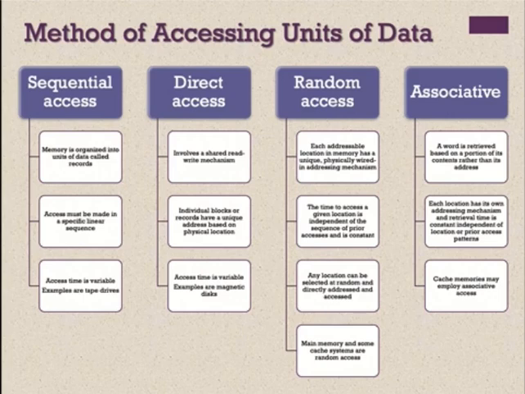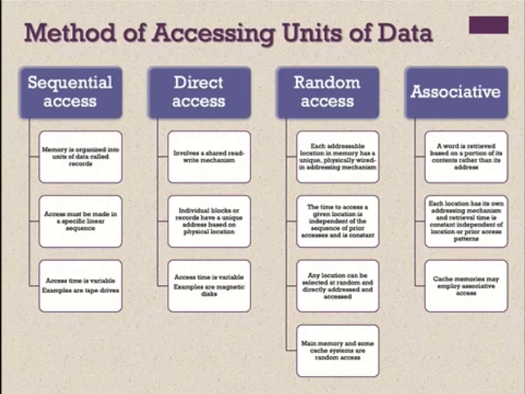The next we have random access. In random access, each addressable location in memory has a unique, physically wired-in addressing mechanism. So keep in mind RAM, random access memory. All locations have a physically wired addressing mechanism, like they are assigned physical numbers, and the time to access a given location is independent of the sequence of prior accesses and is constant.